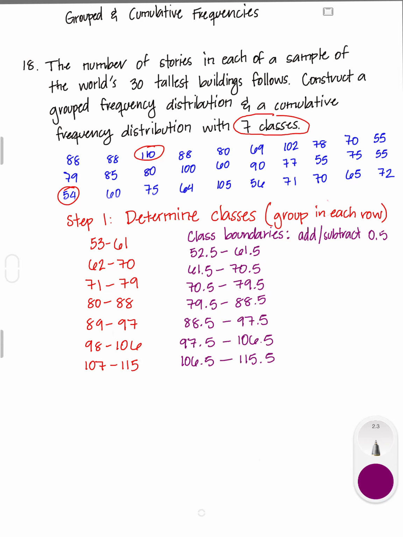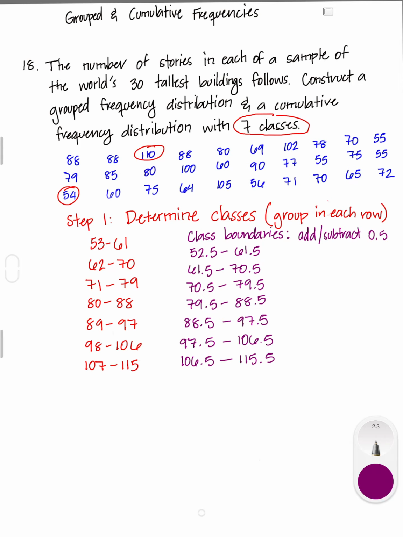However, with the class boundaries, the first class goes all the way to 61.5, and the second one actually starts at 61.5. Now let's remember there's a difference between those two. Class boundaries are just for us to make sure that we are including every single value of the data inside the range, and the classes are the actual numbers from the data.